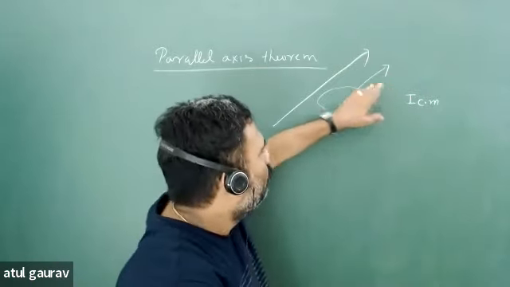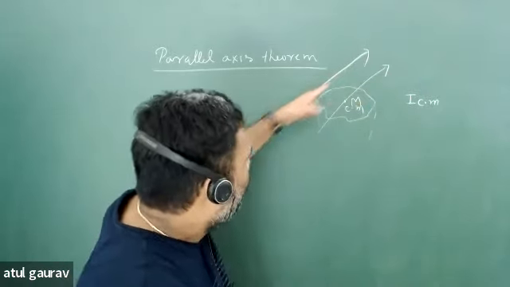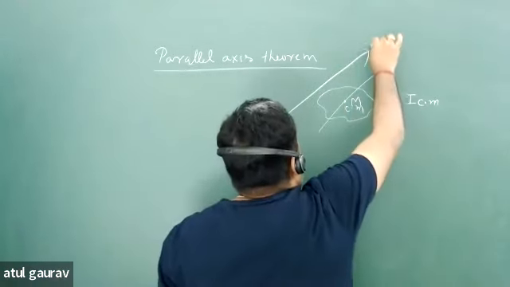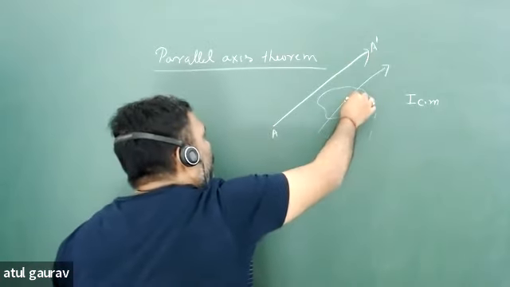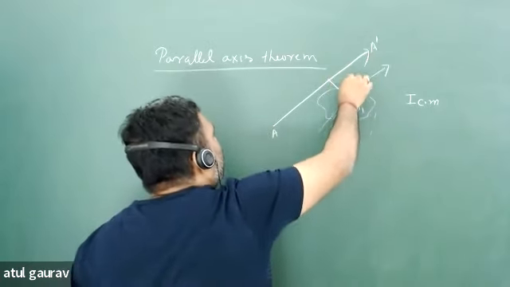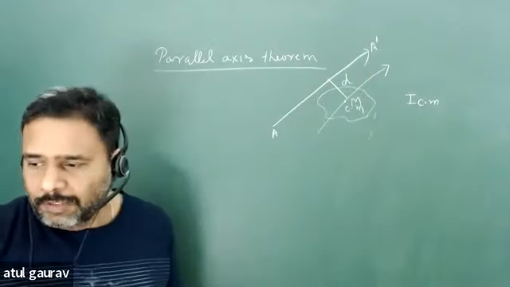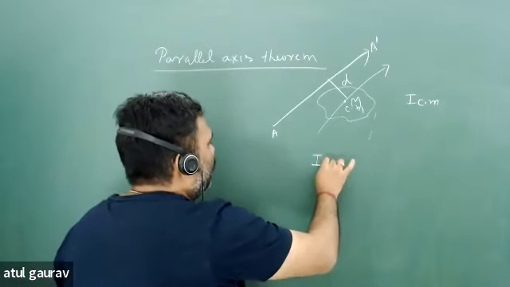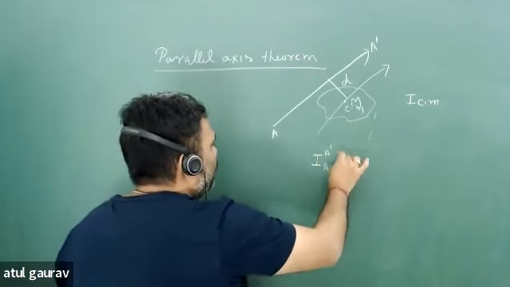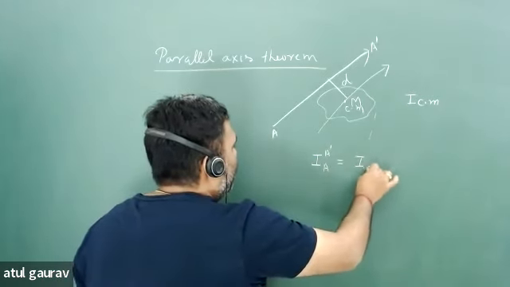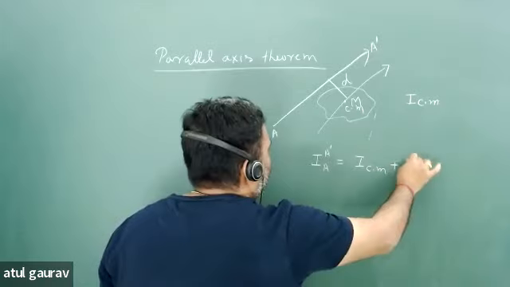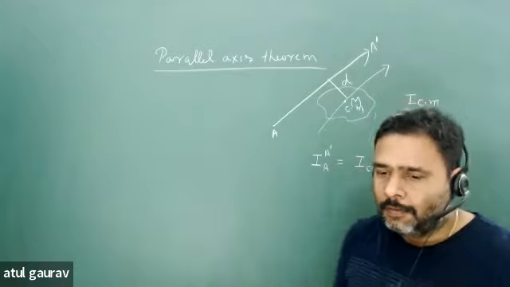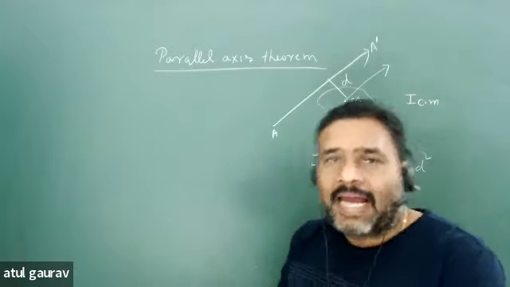If somehow you have one another axis, and let's say this axis is A dash, and the perpendicular distance between them is D, then the moment of inertia about A dash is equal to I center of mass plus M D square. Okay? So you have to always work for the parallel axis.